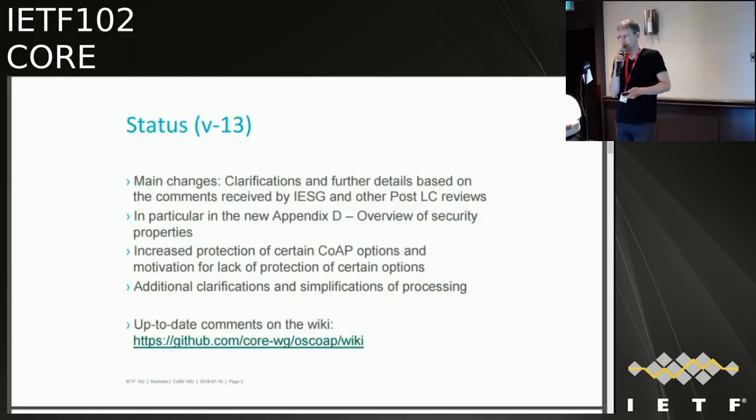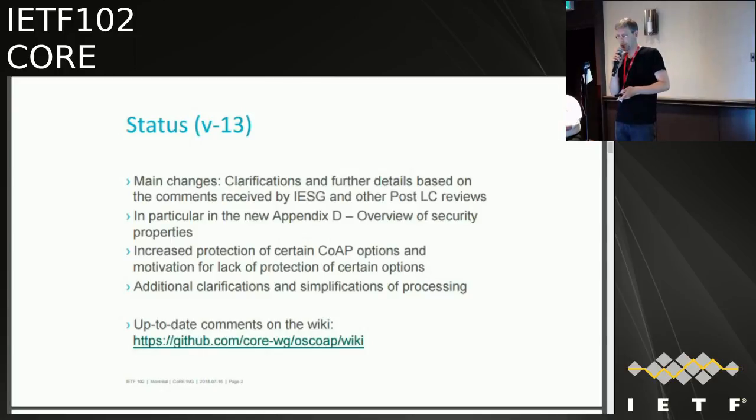In particular, in this new Appendix D, which was requested as the overview of the security properties of the protocol, we had already last meeting a first version of this appendix, and now when we reworked that, we made some reassessment about the protections of certain options. So we actually added protection to certain options and also added motivation for what options are not protected as well.